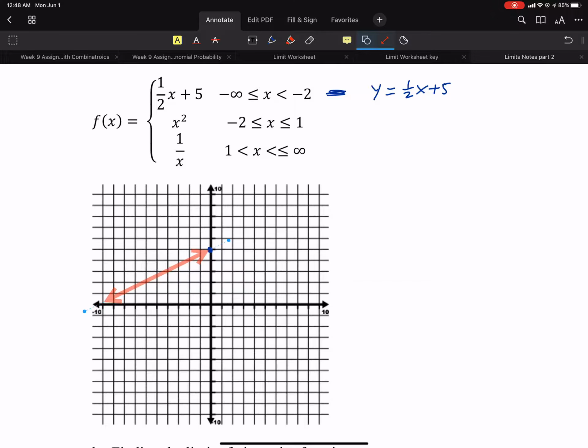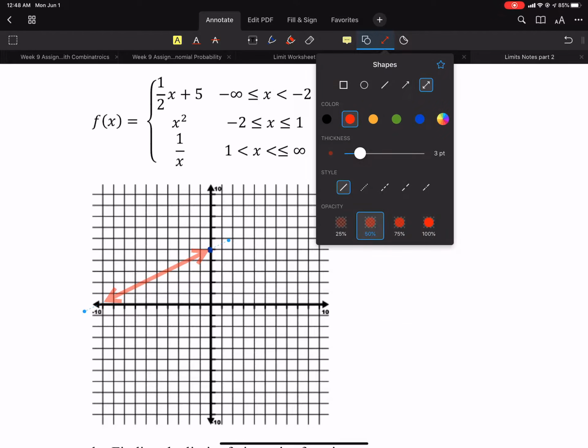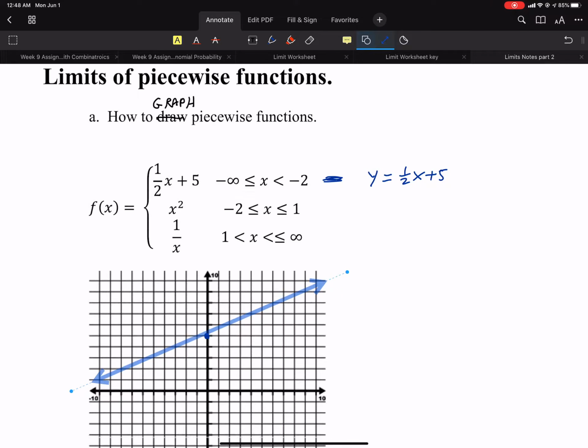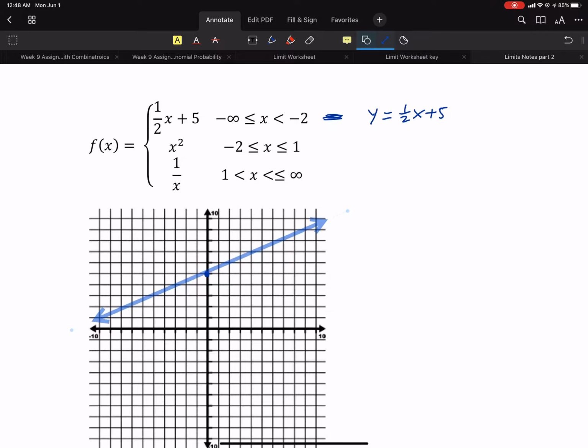I didn't want pink. I wanted blue. Can't I change it? Oh no. Hopefully that's right. It's pretty close. It's off a tad bit.